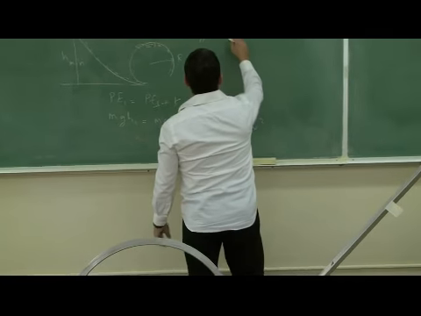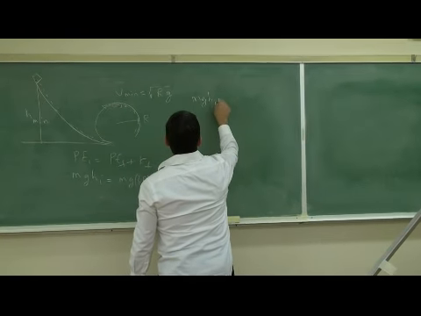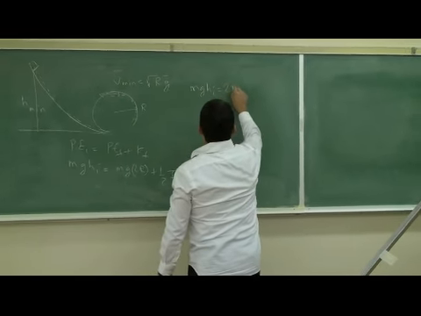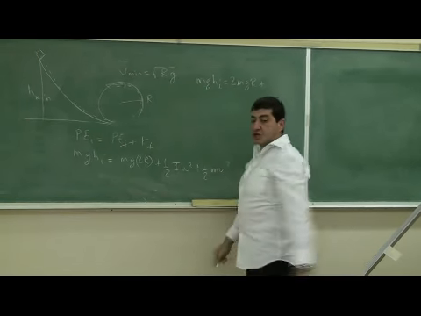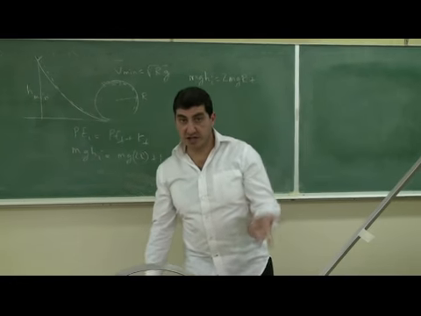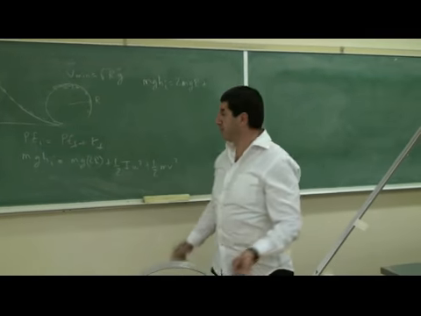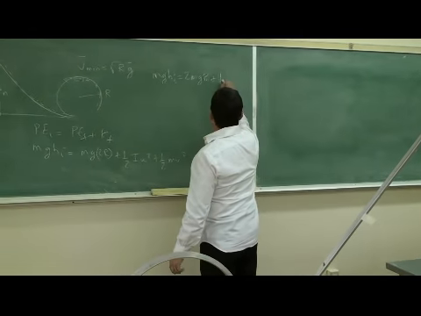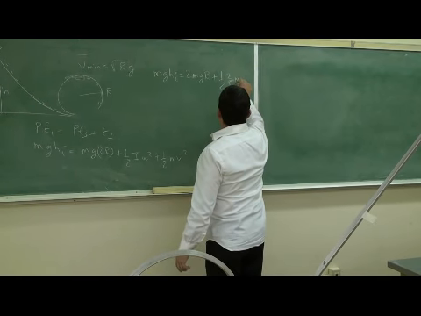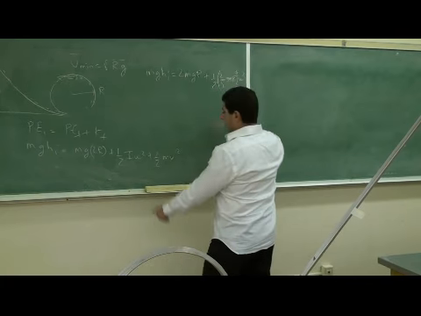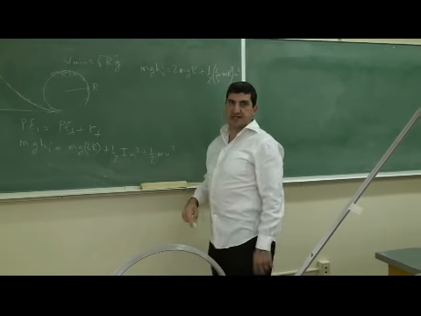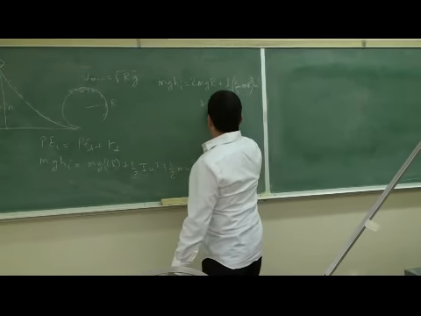So we're going to have mgh initial equals 2mgr plus the moment of inertia of the solid sphere, which is 2/5 mr squared, and then omega squared, the angular velocity.